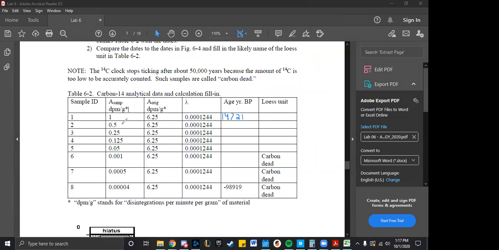Okay, so for the second one, we would do 6.25. This might be easier. Divided by 0.5 or 1? Okay, so you do 6.25 divided by 0.5, and then take the ln of that.